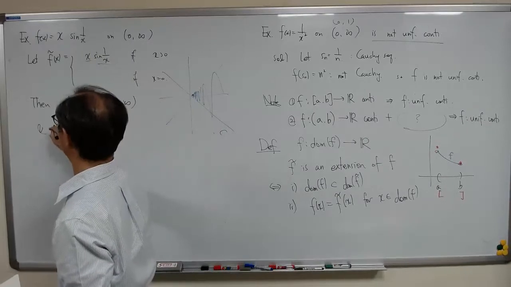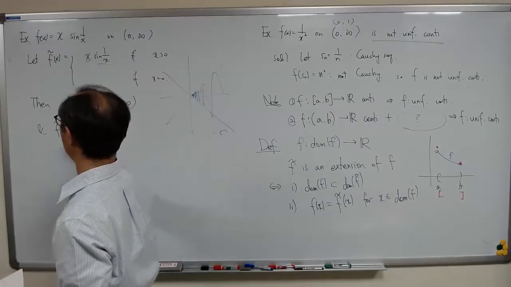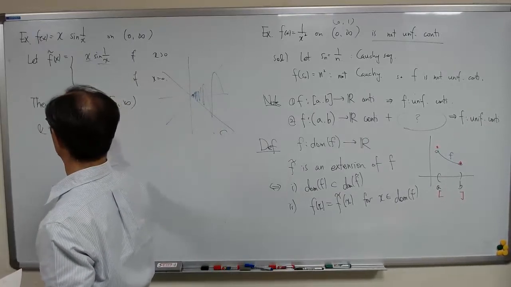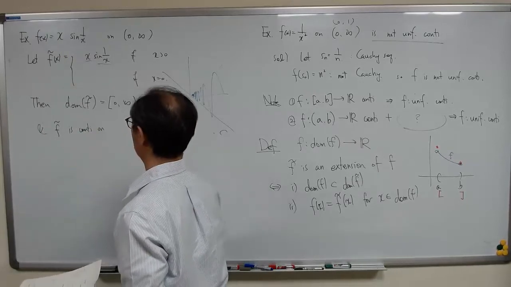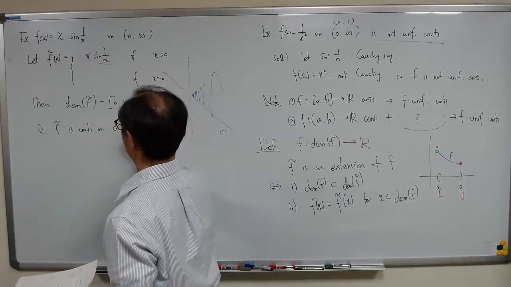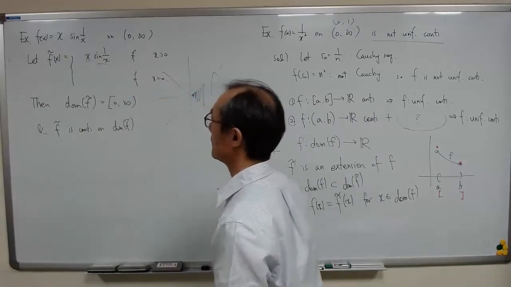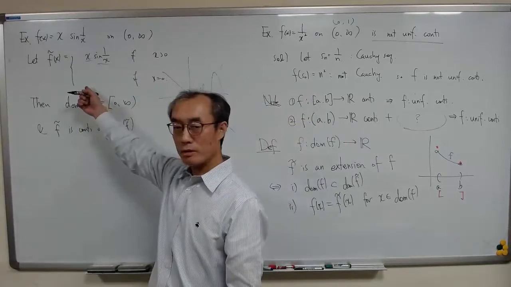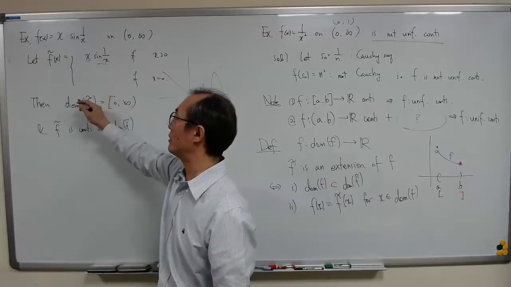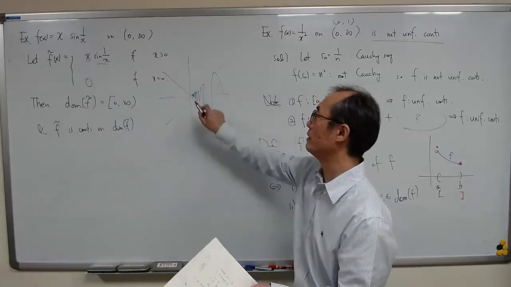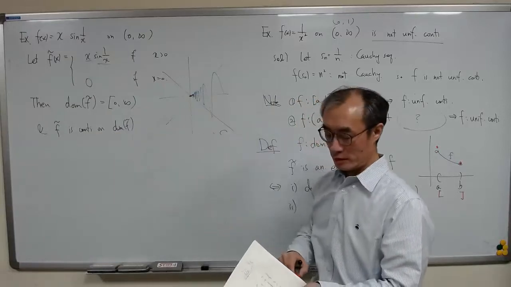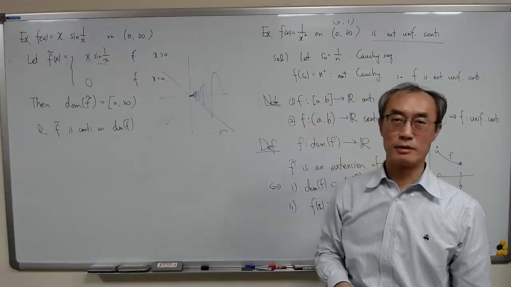We want to make this f tilde continuous on its domain. To do that, your extension value must be 0. By putting 0 here, we have a continuous extension.